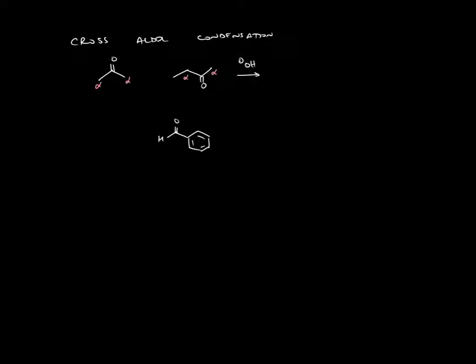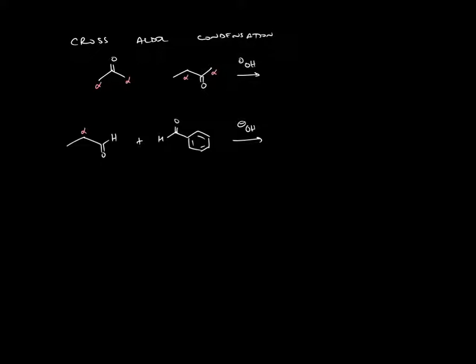I could react that with, let's say, this molecule right here, which only has 1 alpha spot. And if I put those 2 together in the presence of base, I wouldn't have competing reactions. I would only have one side that can react like the nucleophile and one side that can react like the electrophile, and therefore I would only end up with one product.